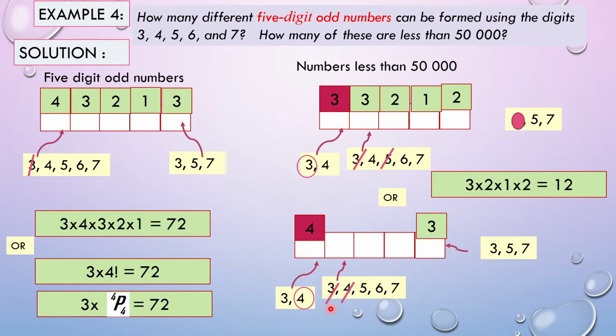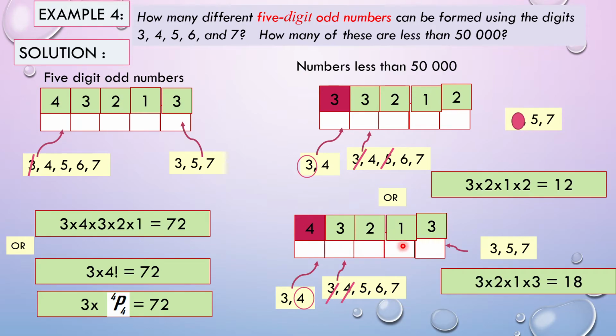So let's say we have already occupied the first box and last box. That means we have another 3 digits to fill at the second box. Next 2, then 1. Altogether we multiply all these numbers and you get 18. So the total arrangement will be 12 plus 18 equals 30.